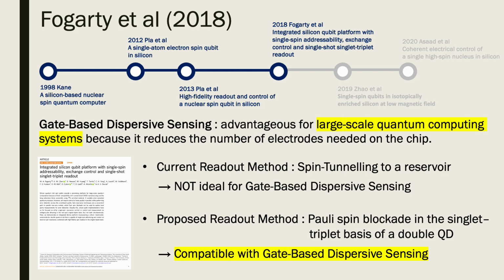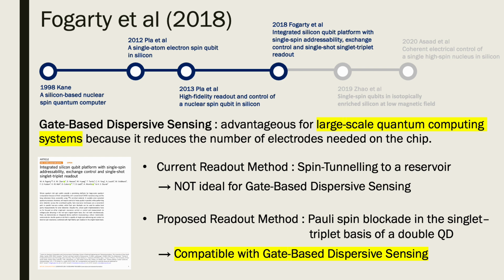Currently, single-shot readout in silicon systems relies on a method called single-spin selective tunneling to a reservoir. This method involves transferring information from the qubit to a reservoir, a separate storage area.